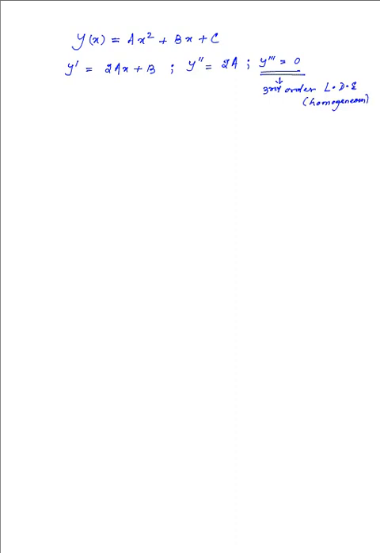Now the equation a x squared plus b x plus c is called the primitive form, or in short the primitive, of the differential equation that we just obtained.